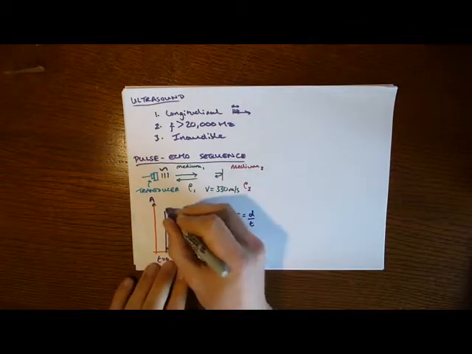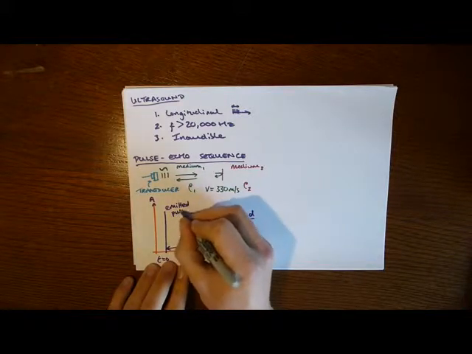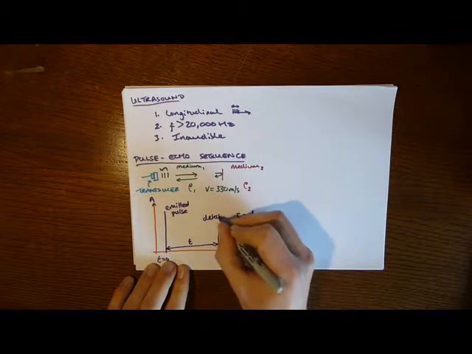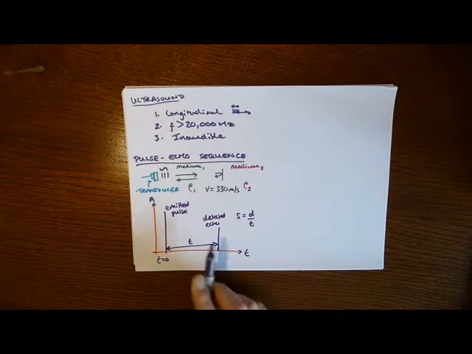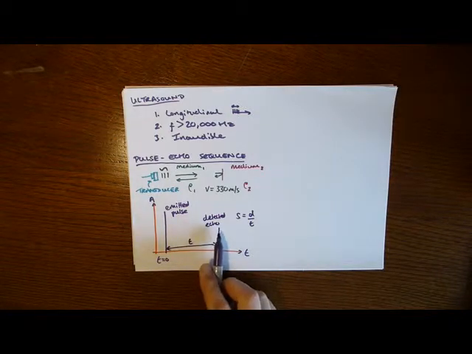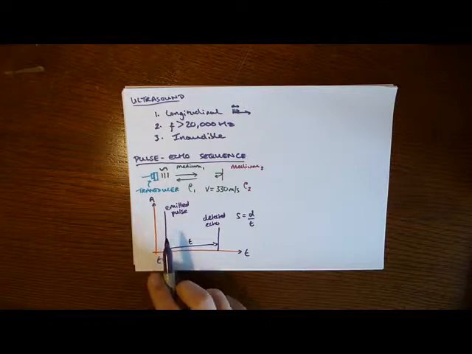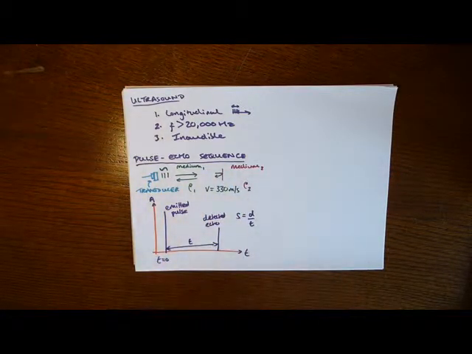Okay, so this is our emitted pulse. And this is the detected echo. Now again, you'll note that the amplitude of the detected echo is somewhat smaller than that of the emitted pulse. That's for two reasons. One, some of that sound energy will have passed through into medium 2.